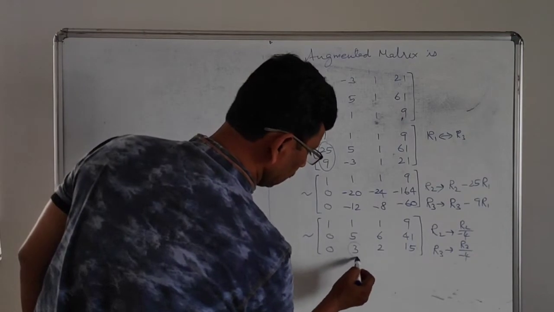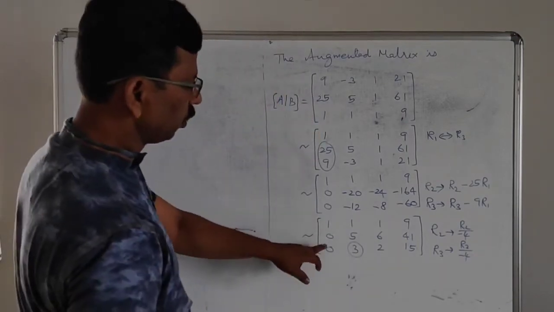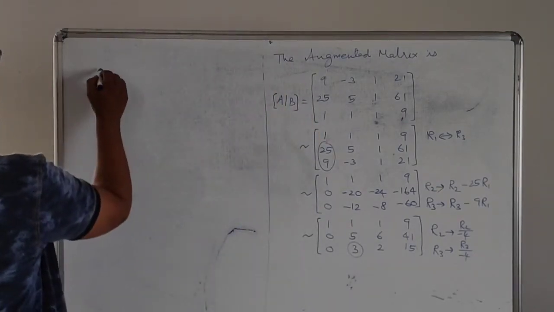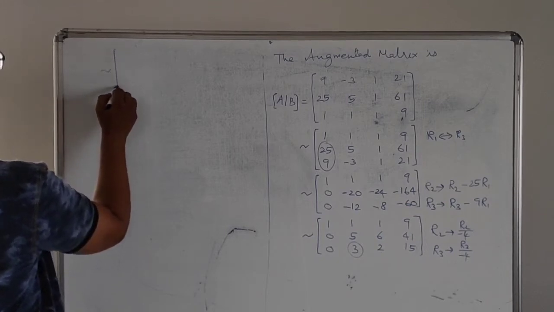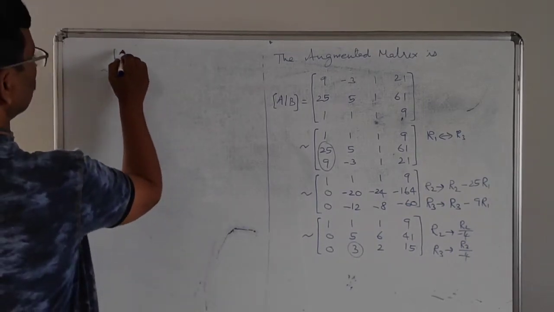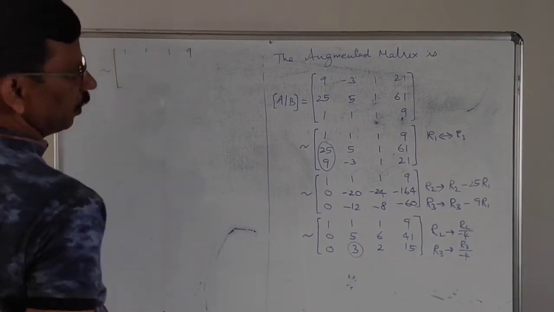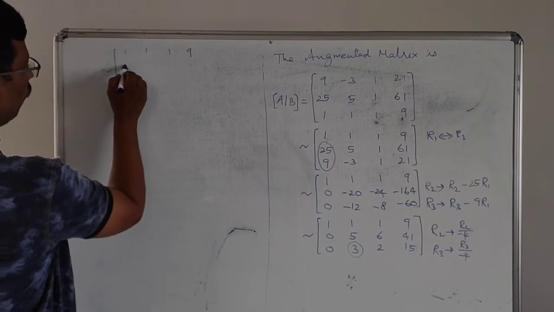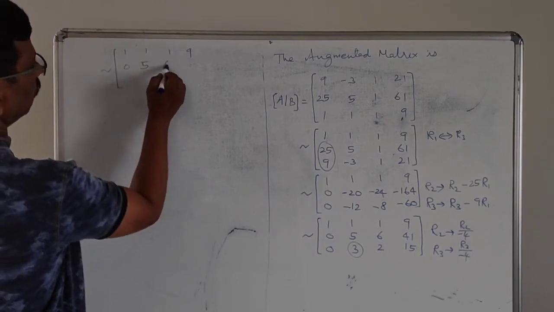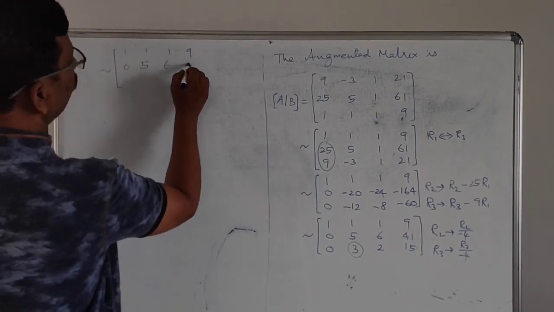Then after that, make this element 0. Therefore, we can write the first two rows as they are. This is equivalent to: first row is 1, 1, 1, 9. Second row 0, 5, 6, 41.